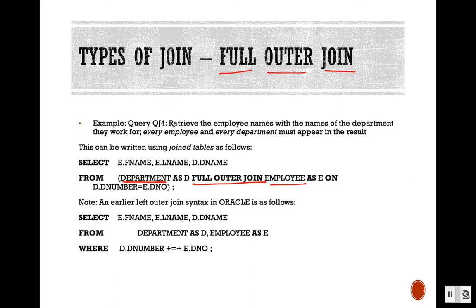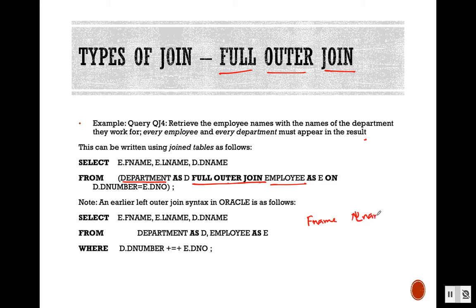For example, we want to retrieve the employee names with the name of the department they work for. We want every employee and every department to appear in the result. In that case we have to use the full outer join, where the results from both the left and right tables will be in the result.